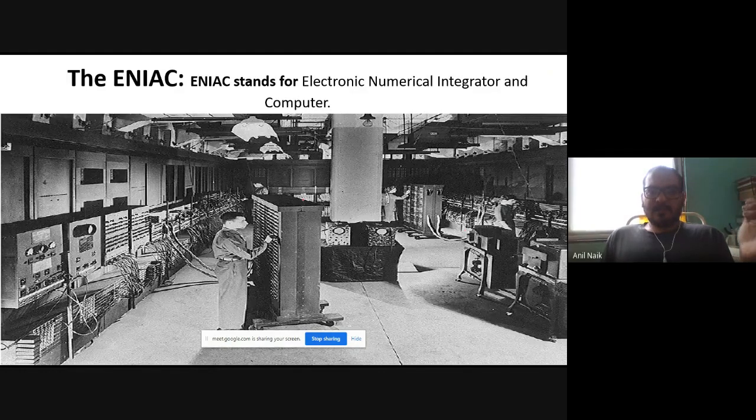And this is the first computer we can say, the Electronic Numerical Integrator and Computer, ENIAC. Here you can see people doing maintenance work, roaming inside the computer. So this was the first computer.